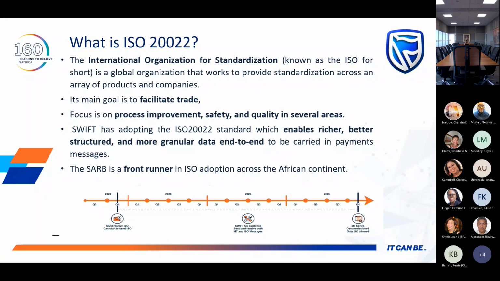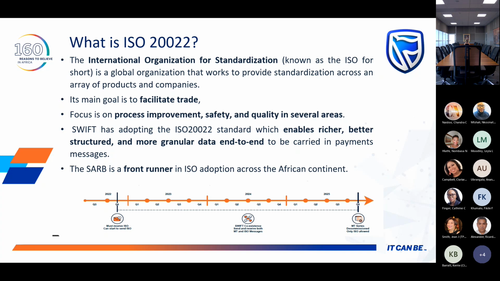There we go. So what does the acronym ISO stand for? It stands for the International Organization of Standardization, and it is a global organization that works at standardization across an array of products, not just banking, could be retail services and any other products, as well as standardization across companies.